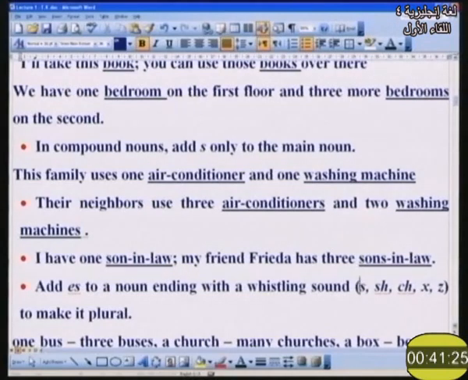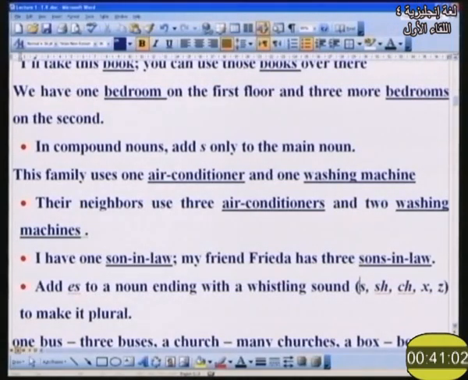Here this is different from the other 2 examples, because unlike air conditioner and washing machine, the 2 nouns that we have can get a plural. Not like air and washing that cannot be pluralized. Here, son and law, both of them can be pluralized. So where can we put the S? We move to the meaning. You put the S on the word that carries the meaning.